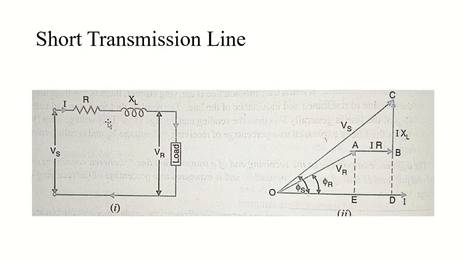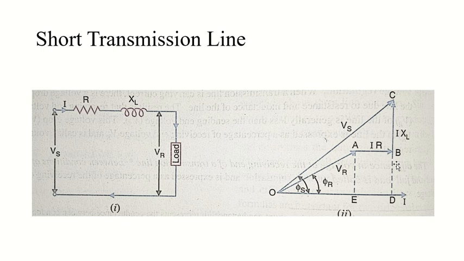Now let's come to DB plus BC. Similarly, what will be the value of DB? As the cosine component of VR was equal to OE, can't we say the sine component of VR will be equal to DB, right?